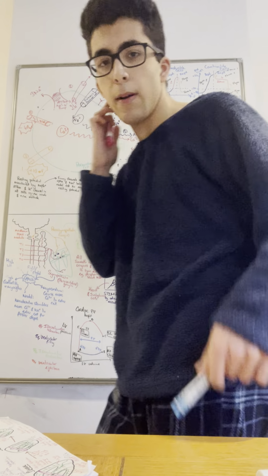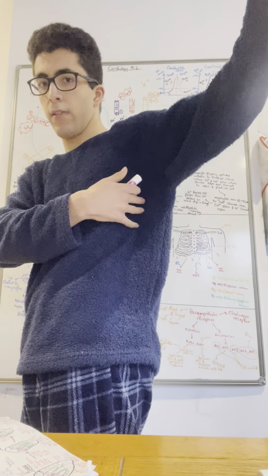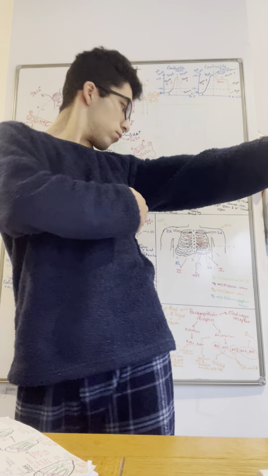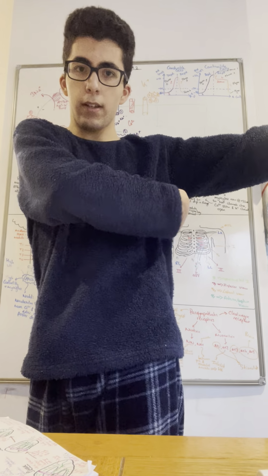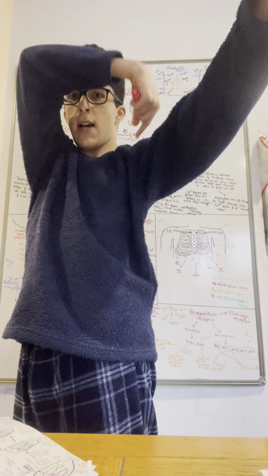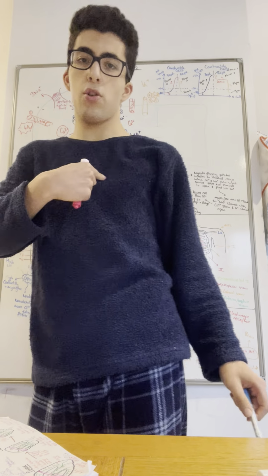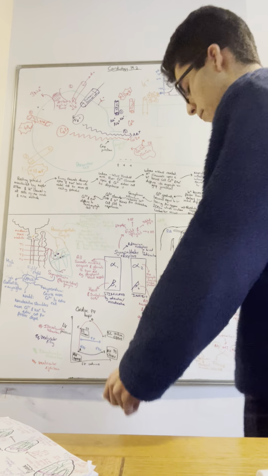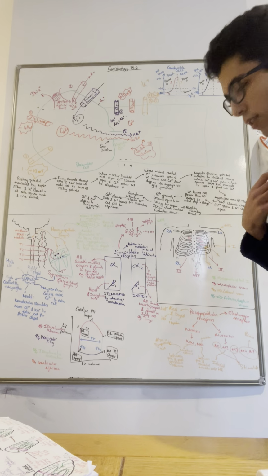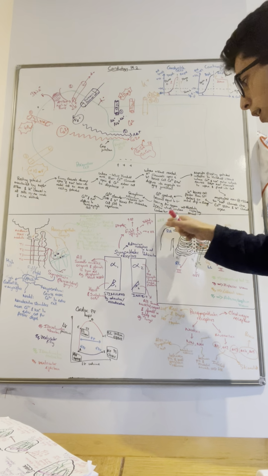Because you think about it, V5 and V6 are sort of curled around here. Lead 1 is going to be coming in from the side. Lead AVL is going to come in from this shoulder, looking down from a lateral sort of point of view.